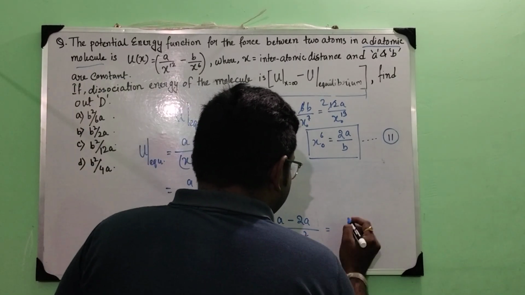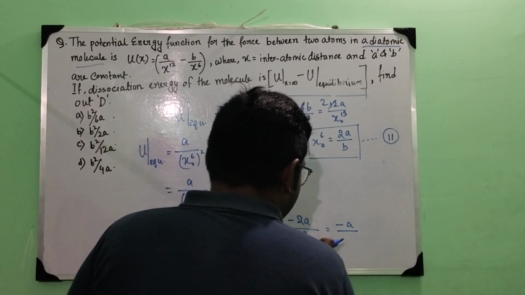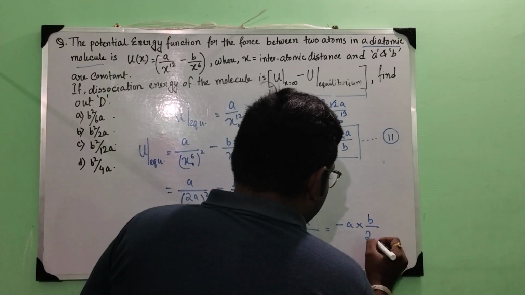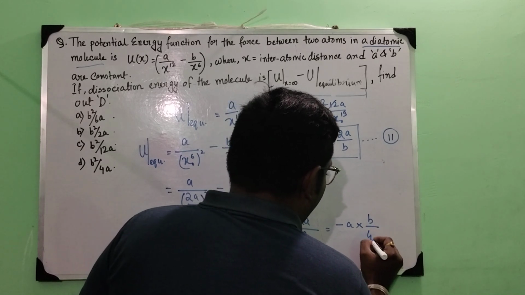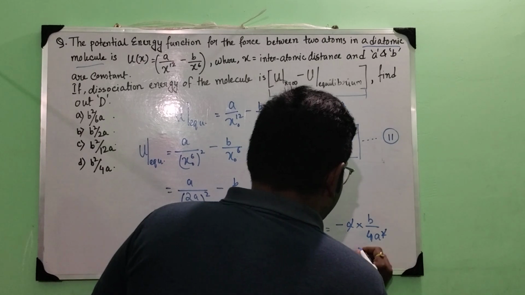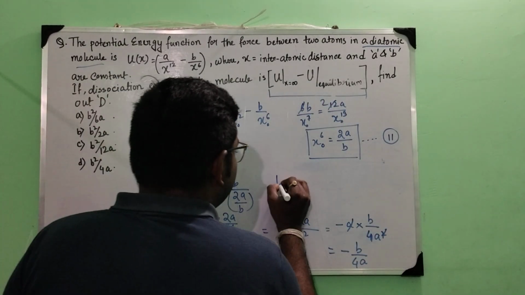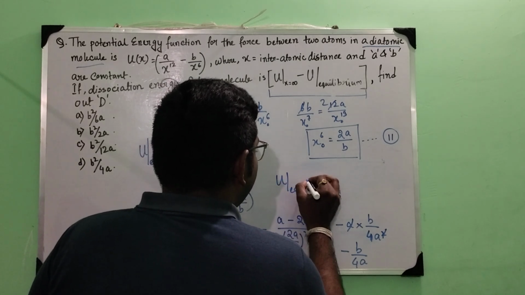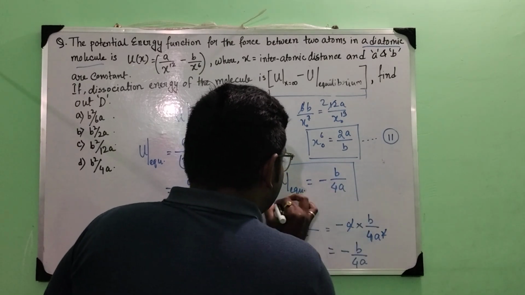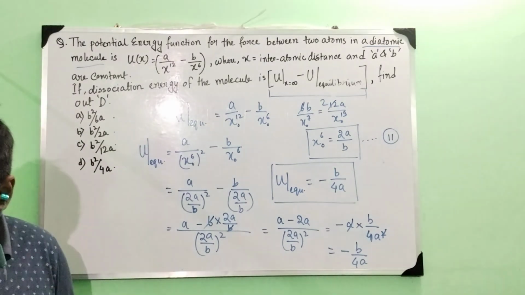That means minus a by, since this is in the denominator, in the numerator b by 2a whole square means 4a square. One a will get cancelled out, so we get minus b by 4a. So u at equilibrium is equal to minus b by 4a.